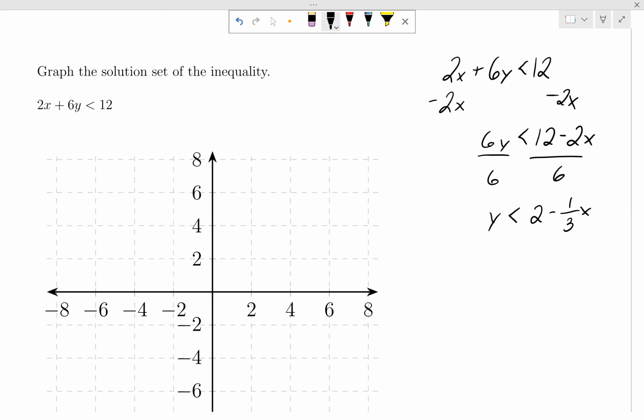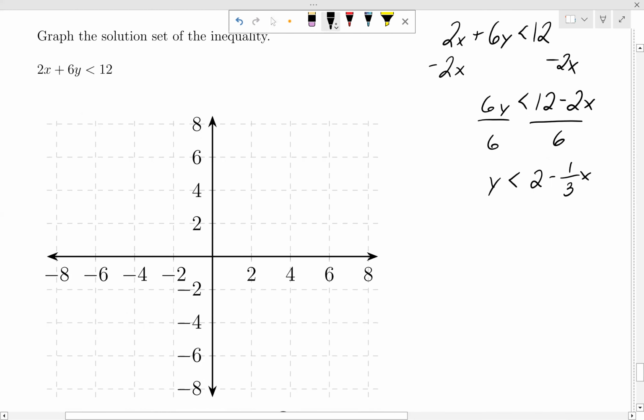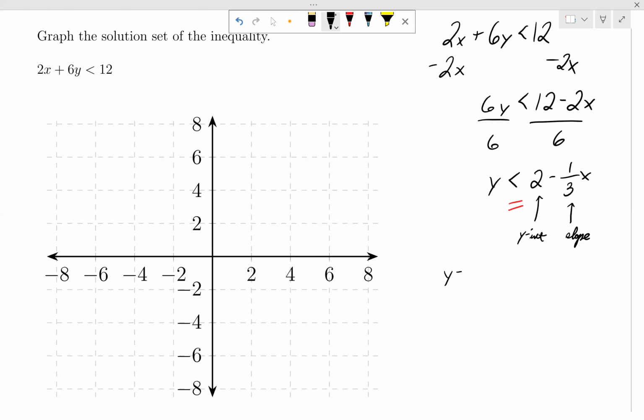So if we were to graph this as just the line itself, if this was just an equal sign here, we would start, here's our y-intercept, here's our slope. Our y-intercept is 2. Our slope is negative 1/3.